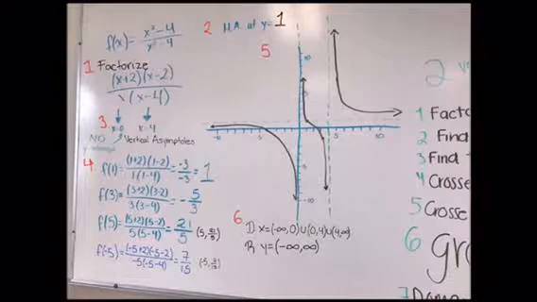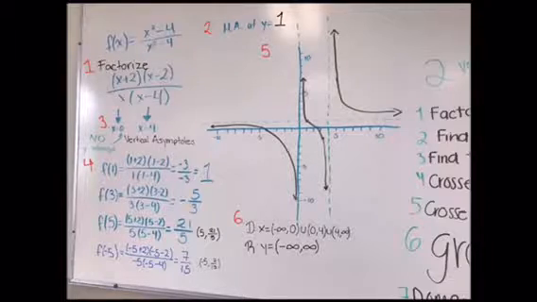The last step is to find its domain and range. The range is very easy, because as the graph crosses the horizontal asymptote, y is equal to all real numbers, and we can write it in interval notation as minus infinity to infinity.